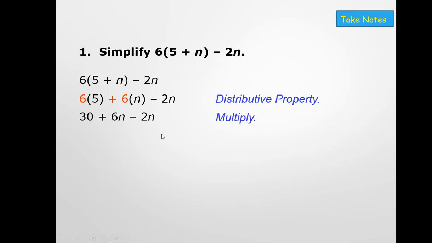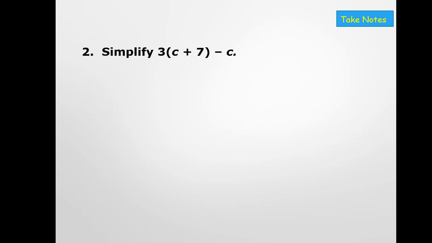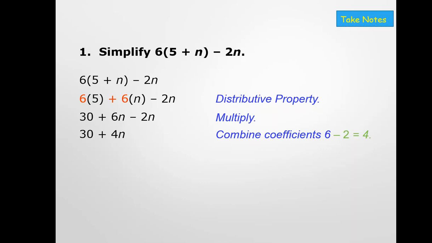We didn't need to. Let's go ahead and combine the coefficients of our like terms. Notice this term here has an n in it, and that has a term that has an n in it. If you've got 6 of something, you take away 2, what have you got? You've got 4. Okay, and it's 30 plus 4n. Now pause that if you need to before we go on to the next.